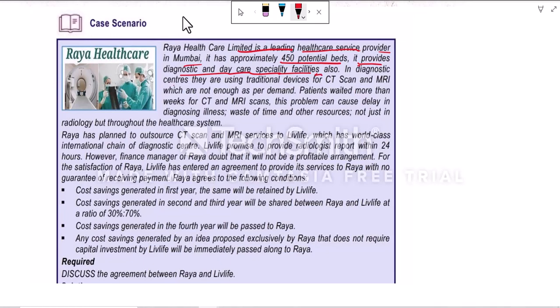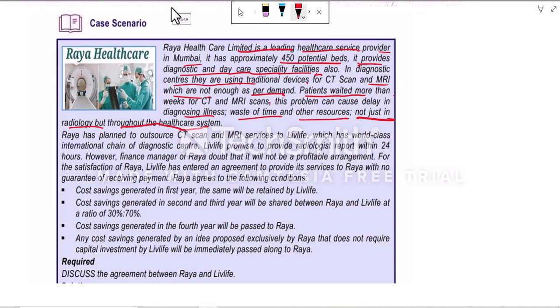It has centers that use traditional devices for CT scan and MRI, which are not enough as per demand. Patients waited more than weeks for CT and MRI scans. This problem can cause delay in diagnosing illness, waste of time and other resources, not just in radiology but throughout the healthcare center.